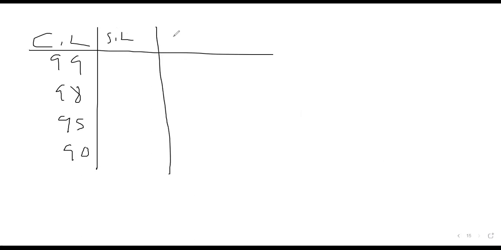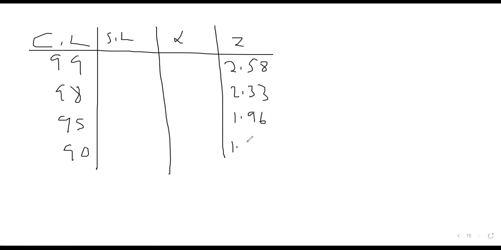When you divide the significance level by 100, it's just alpha. But what I'm interested in is the Z, and there are 4. So 99% is equal to 2.58. 98% is equal to what? 2.33. 95% is 1.96. And 90% is 1.645.